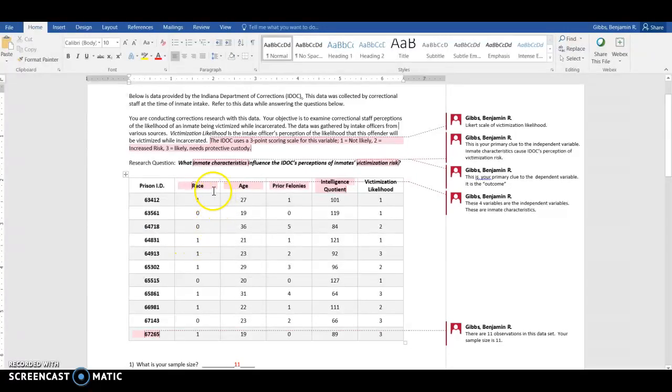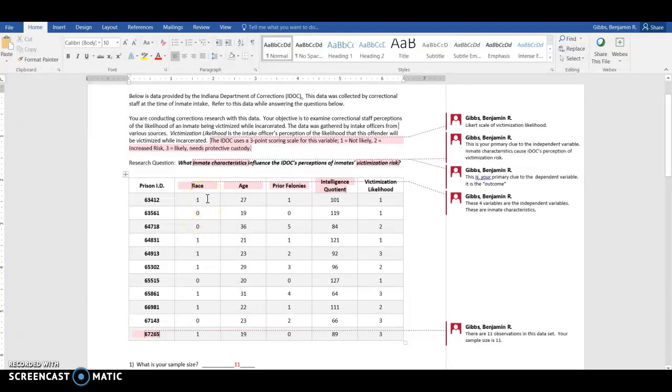On the other hand, we have a variable here, race, and you see 1s and 0s. Well, you don't know what the 1s or 0s designate. In fact, I can tell you that the 1 designates a person that is non-white, and 0 designates a person who is white.